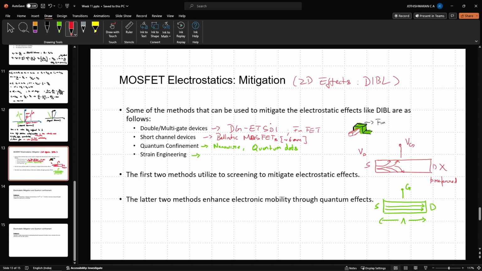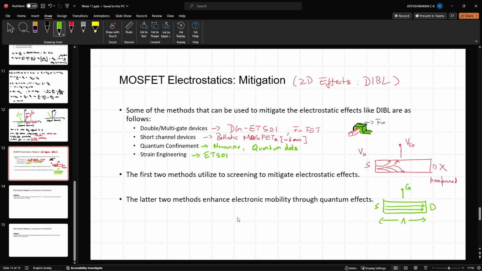Now, strain engineering can also be done using EDSOI devices. EDSOI devices are not only multi-gate devices. We can also have strain effects over there. And here, what we essentially do is we just increase the mobility of the electrons.